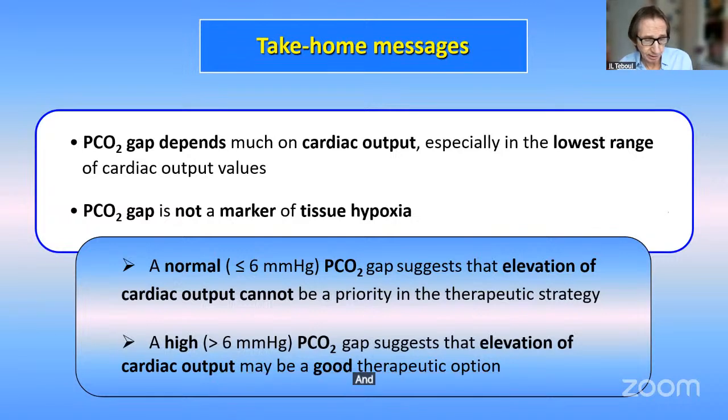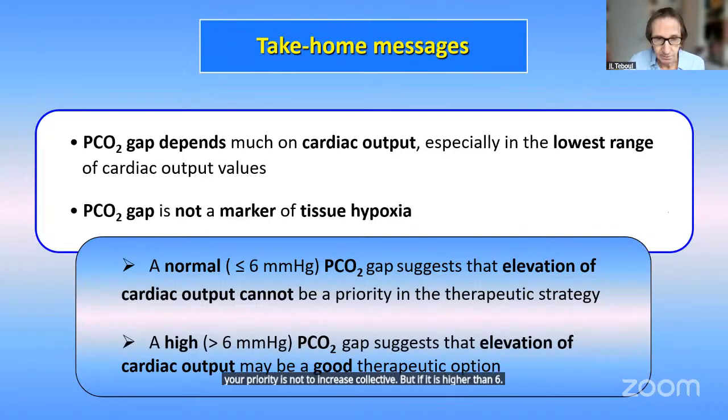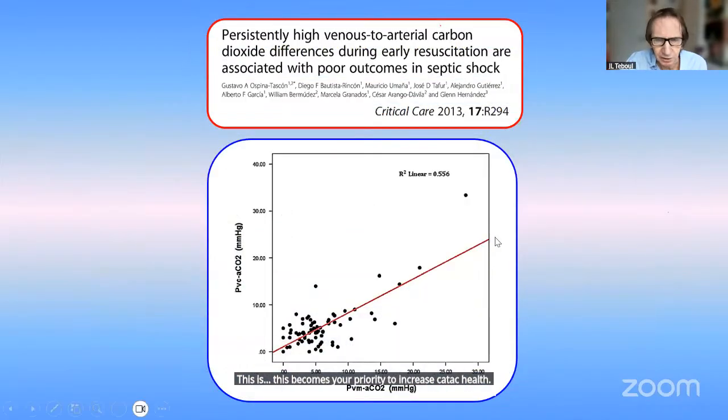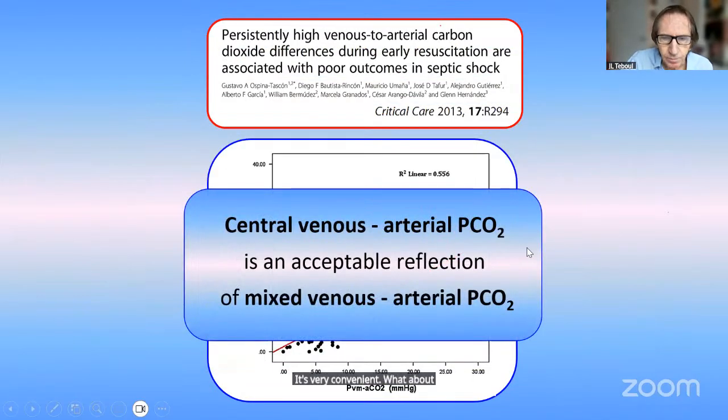And you look at PCO2 gap. If it is less than 6, your priority is not to increase cardiac output. But if it is higher than 6, this becomes your priority to increase cardiac output. It's very convenient.